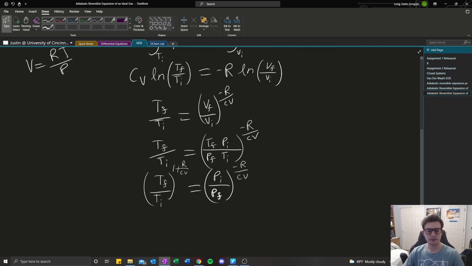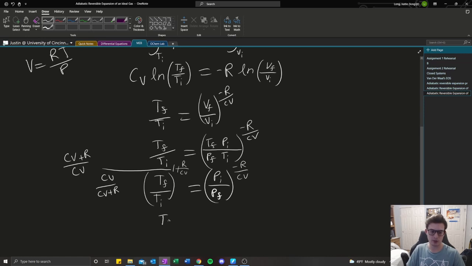Now we notice that we can rewrite this, because we're trying to get rid of this power so we have the relationship much cleaner. This can really just be written as CV plus R over CV, and we need to take the reciprocal of both sides. So we multiply by the reciprocal, CV plus R, and raising this to the reciprocal power just cancels it out.